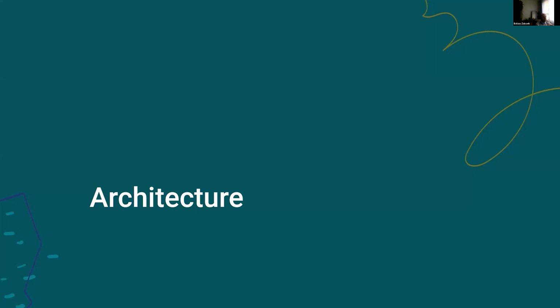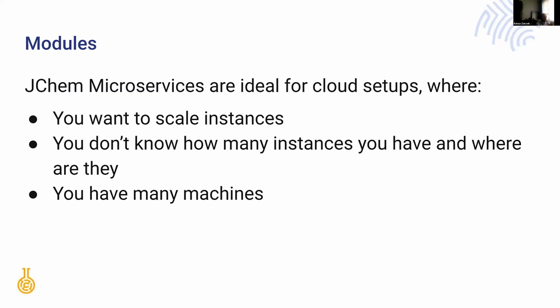First of all, let's talk about the architecture that we provide with JChem microservices. When we were designing this tool, we were expecting you to run in a cloud environment because it was a frequent request, and everything showed that the world is going this way, which means that you want to scale your instances up and down, and you don't know how many instances you have or which machine they are running on.